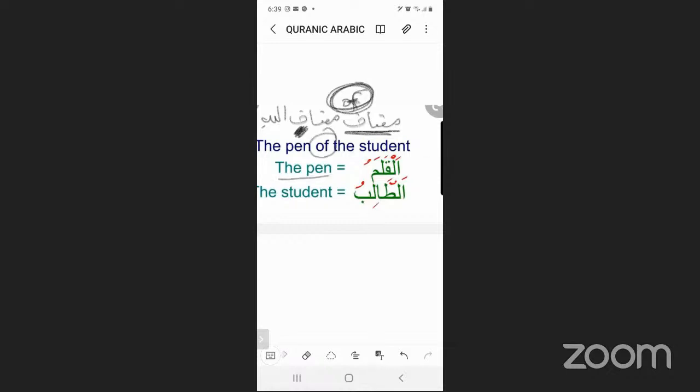The pen is... what is the pen? Al-qalamu.